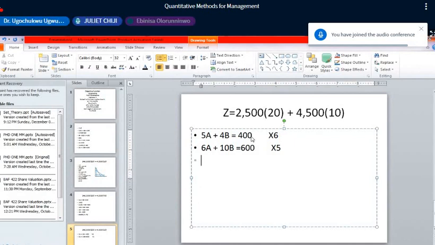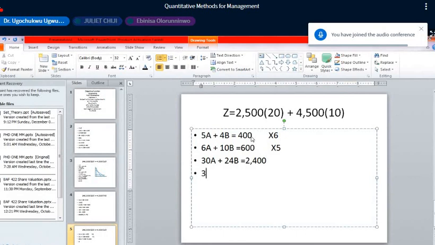So now, what do we do? If you multiply this by this, what you now have is 30A plus 4 multiplied by 6, which is 24, so 24B is equal to 400. 400 multiplied by 6 will give you 2,400.